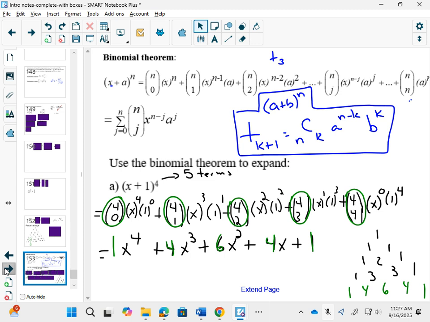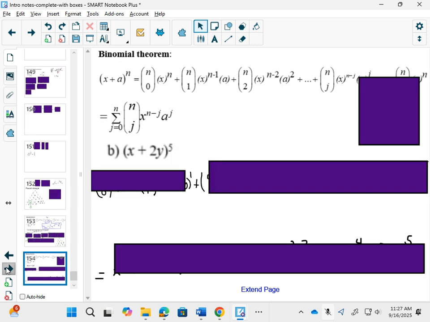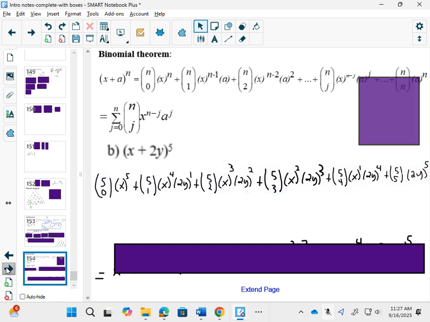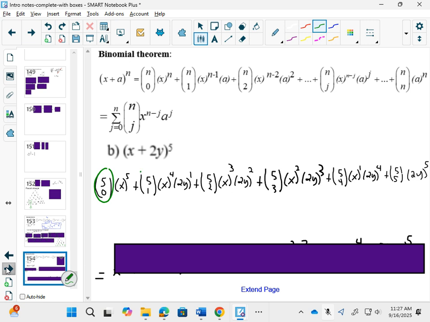So when we look at our second example here, again, I'm going to circle these in green. I'm going to look at my Pascal's triangle.